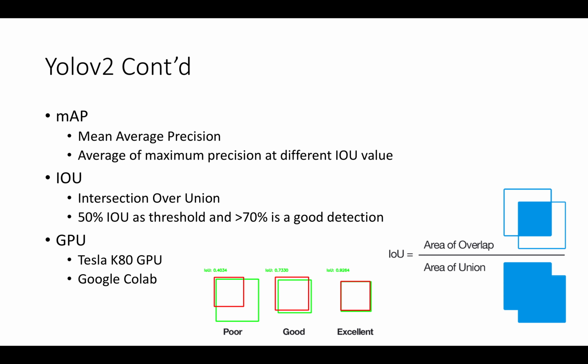So usually 50% IOU can be used as a threshold, and IOU larger than 70% is usually a good detection. The GPU we are using for training, validation and testing is the Tesla K80 GPU, which is the free GPU from Google Colab.